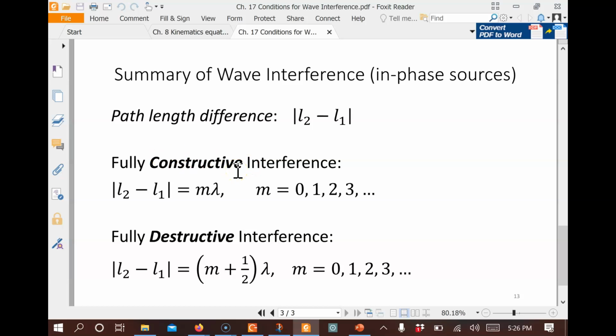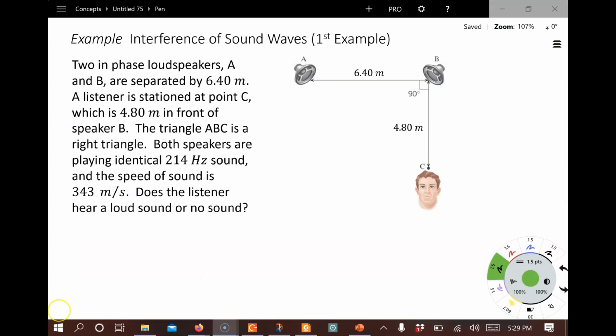And if the lengths differ by a half integer value of wavelengths, you'll get destructive interference. At the end of this video, I'll show you a little demonstration of why path length difference corresponds to this type of constructive and destructive interference.